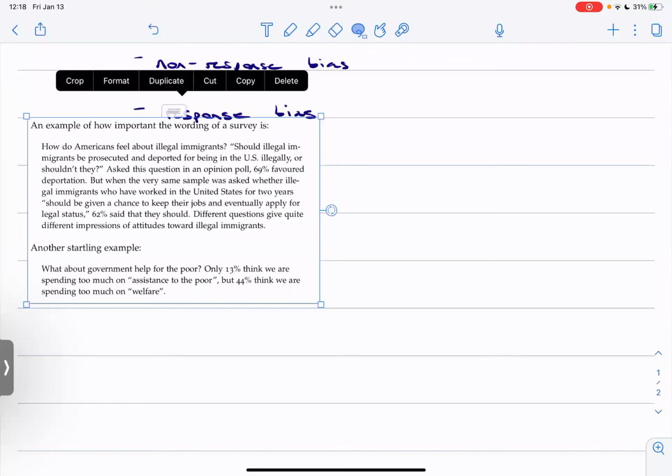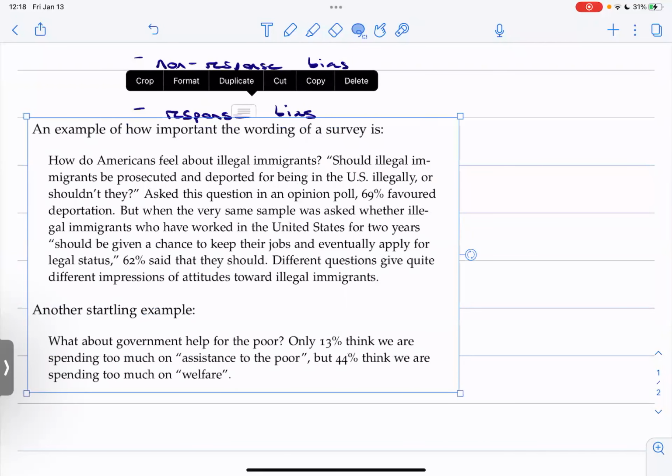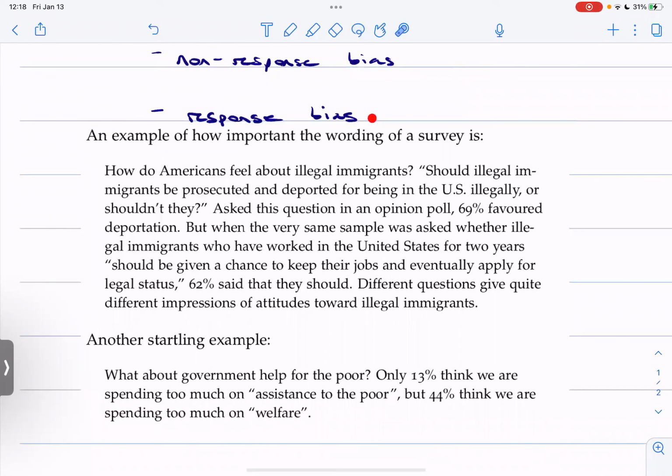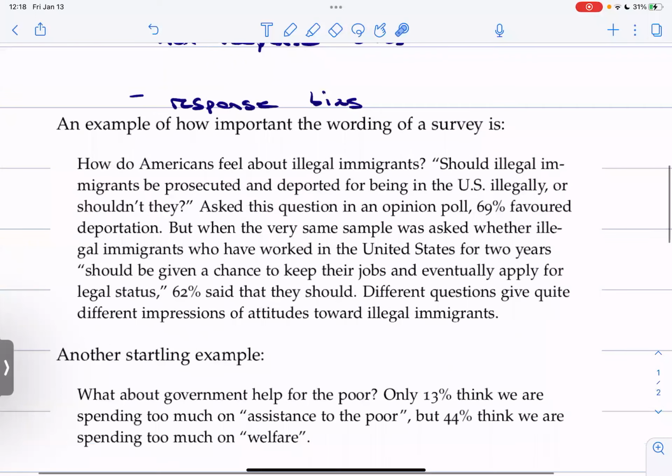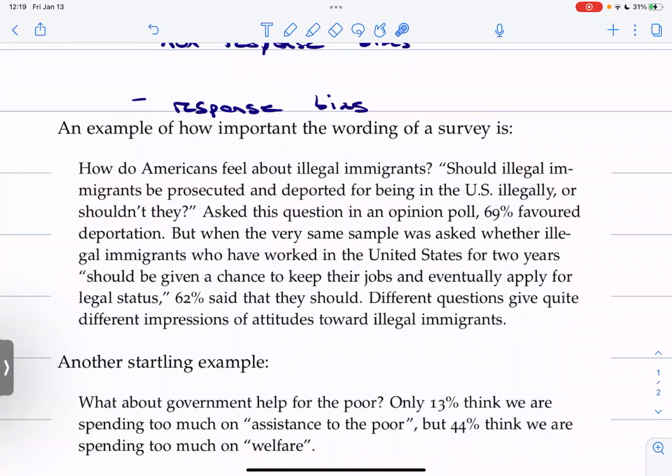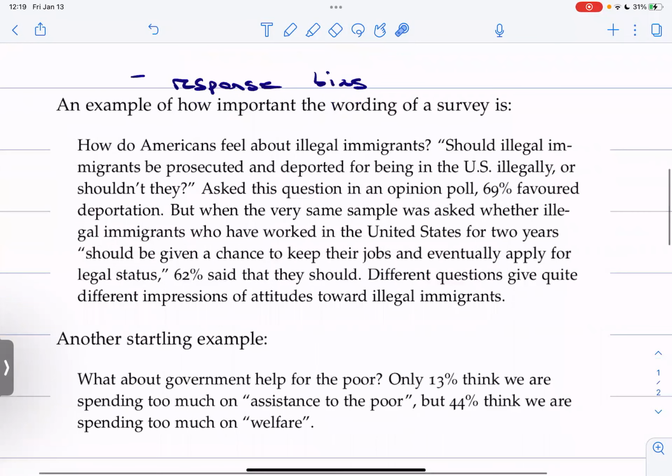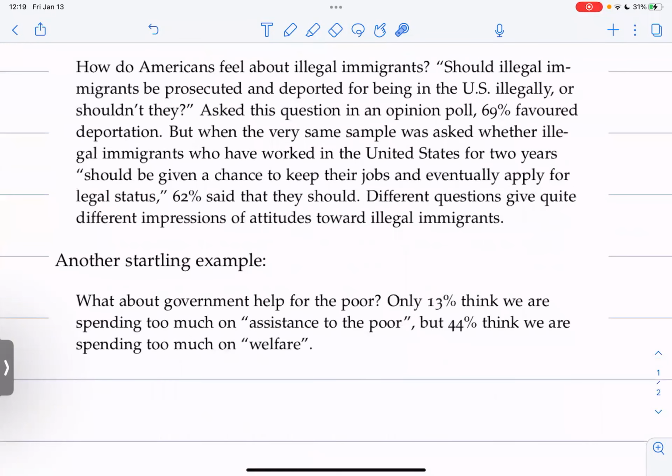Okay, so here, response bias would usually be in terms of wording, or if you're dealing with a tricky subject. The first one is interesting, but too long for us to read together, so I'll go for this one. They had a group of people that they had randomly sampled into their sample. And so 13% of those people said that we're spending too much on assistance to the poor.